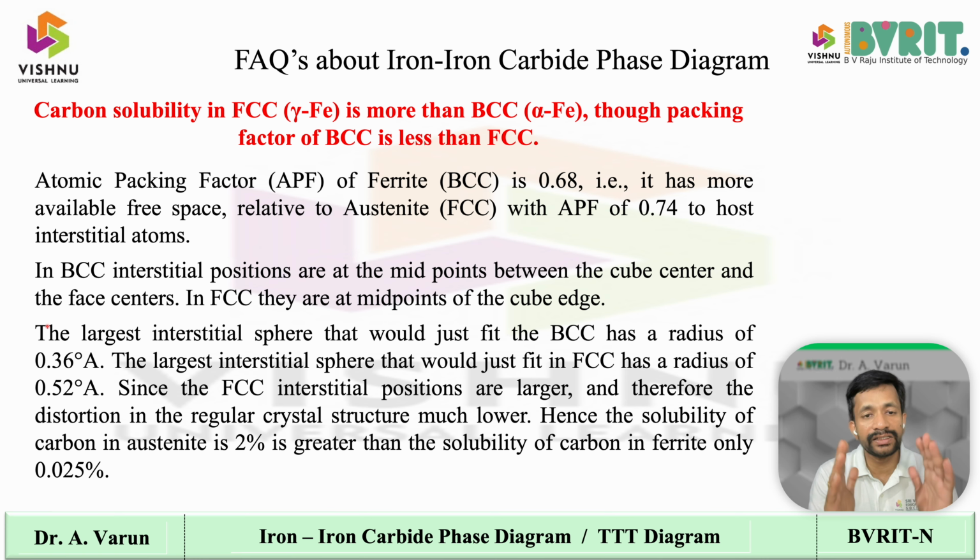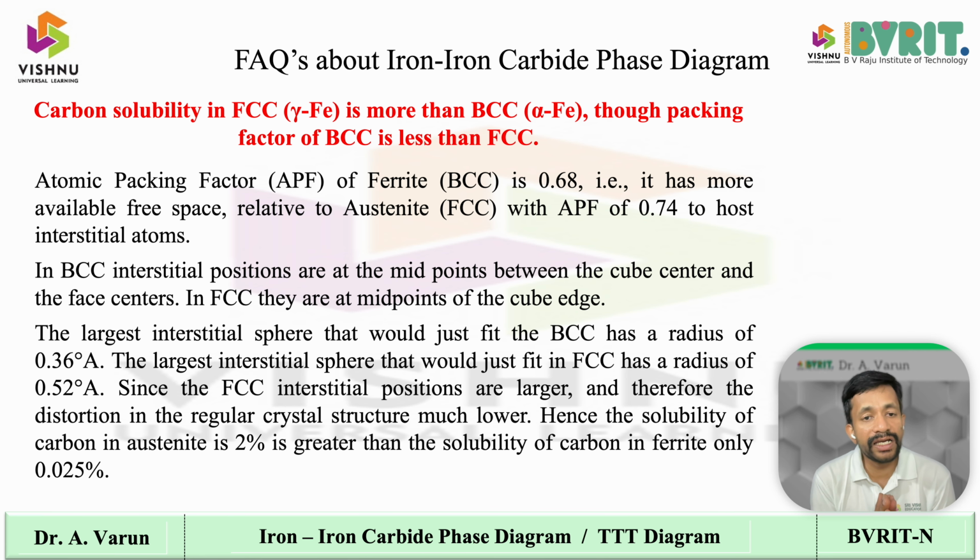So why this difference? The answer lies here. If you take a perfect crystal lattice structure, let's say a BCC crystal structure, the maximum atom that it can fit in the interstitial space is different. In case of BCC, the largest interstitial sphere that it can fit is 0.36, whereas in FCC, it is 0.52. What does it mean?